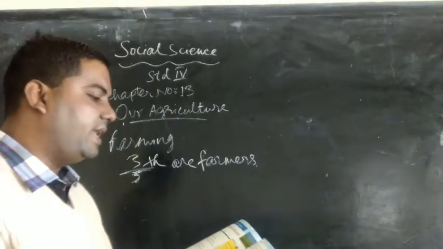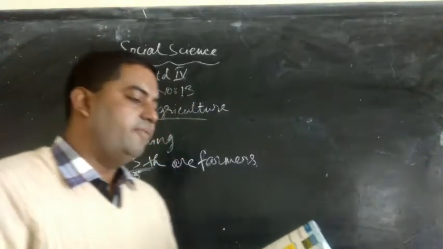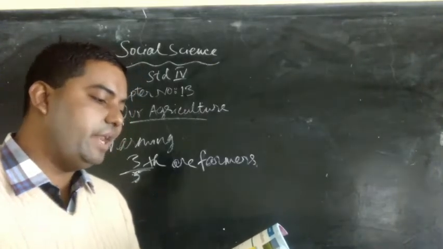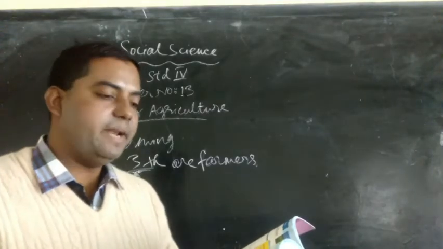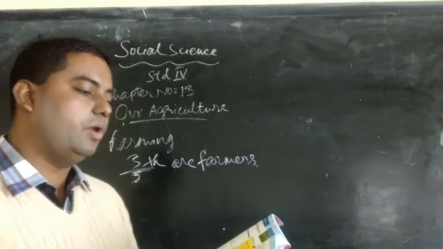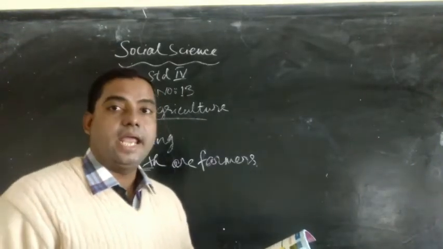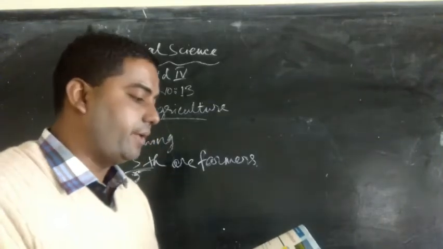What makes India an agricultural country? Fertile soil, favorable climate conditions and adequate irrigation facilities have made it possible for farmers of our country to grow a variety of crops. So there are a lot of factors why India is called an agricultural country. What are they?